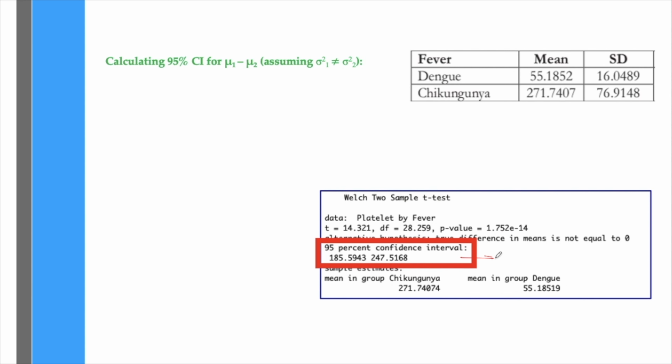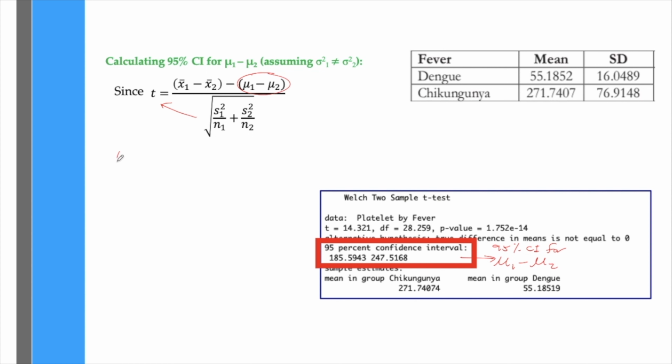Now, on how this 95% confidence interval for mu1 minus mu2 was computed, remember that we computed the t-statistic in this form since the population variances are not equal. If you're interested in this value, all you have to do again is to cross-multiply. So that's t times the square root of s1 squared over n1 plus s2 squared over n2 is equal to x bar sub 1 minus x bar sub 2 minus mu1 minus mu2.